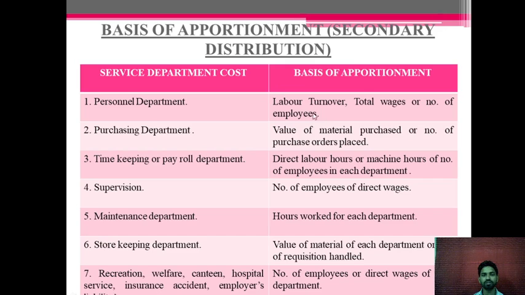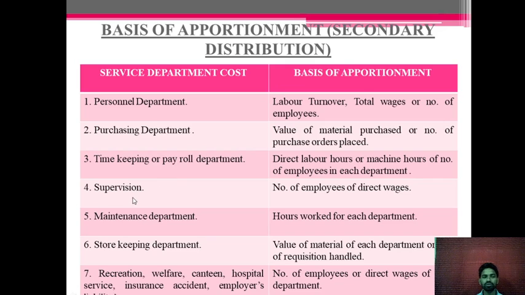Next, the purchasing department, on the basis of value of material purchased or number of purchase orders placed. Next, the timekeeping or payroll department, on the basis of direct labor hours, machine hours, or number of employees in each department.